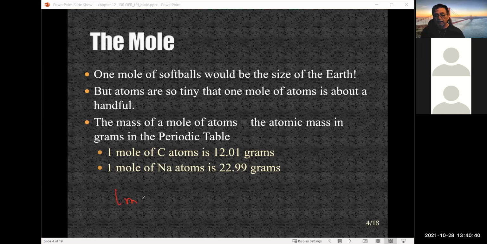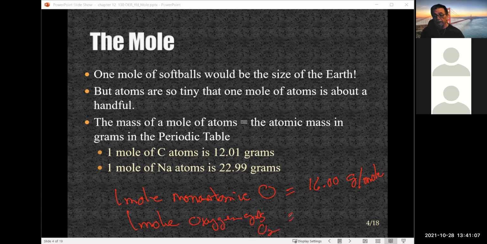So let's say 1 mole of monoatomic oxygen is equal to 16.00 grams per mole. 1 mole of oxygen gas, which is O2, is equal to 32.00 grams per mole.